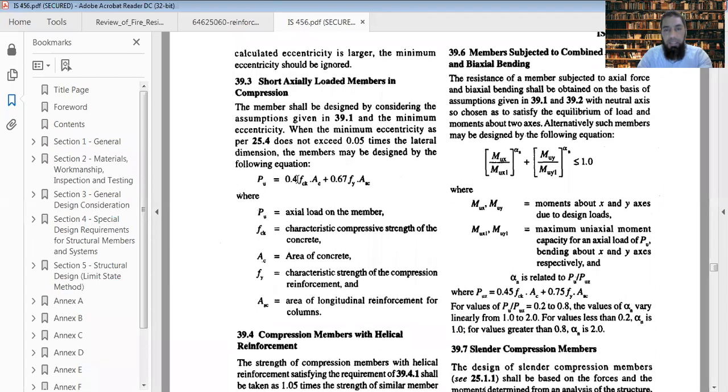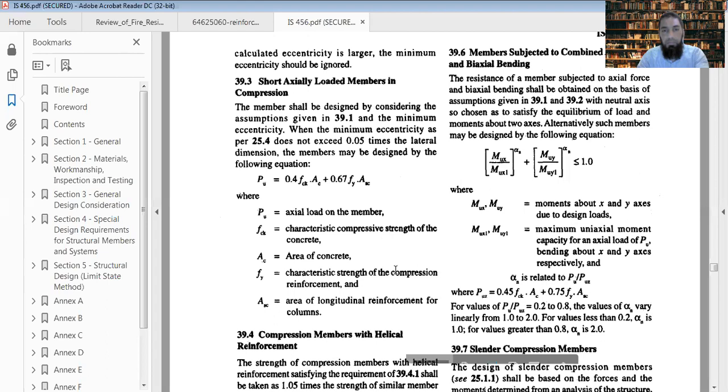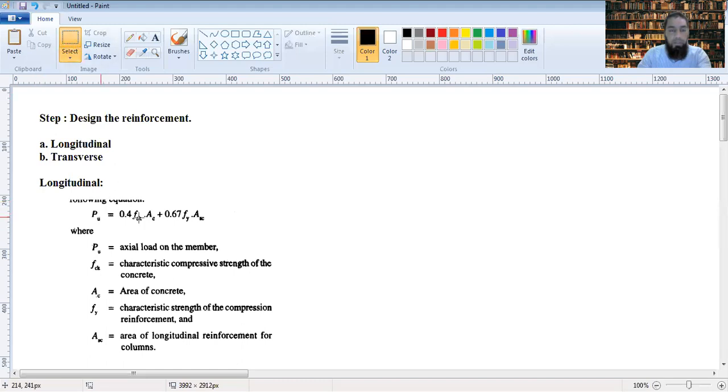So now how does this formula come about? This is the formula. So this is our formula. Now how does this formula come about?